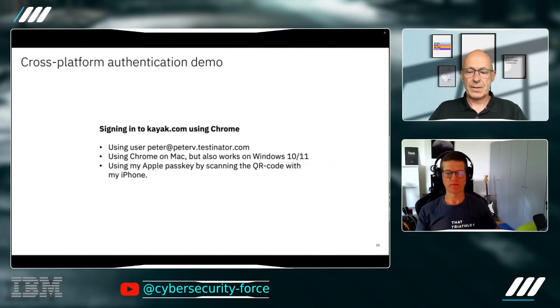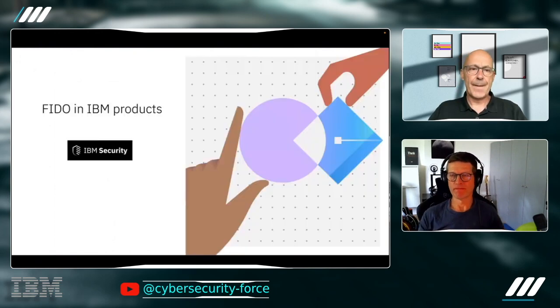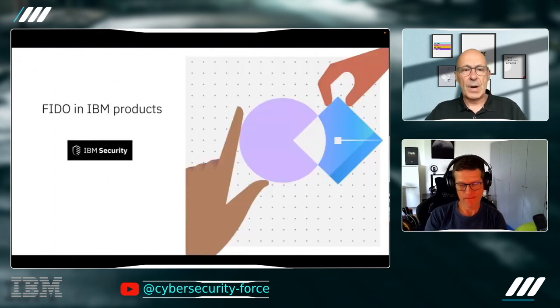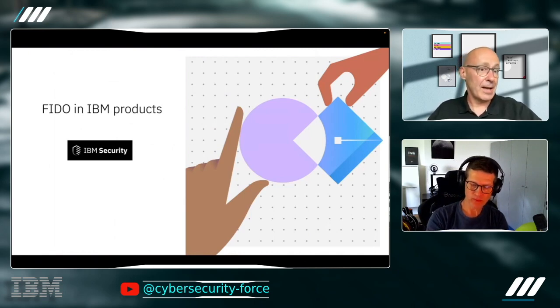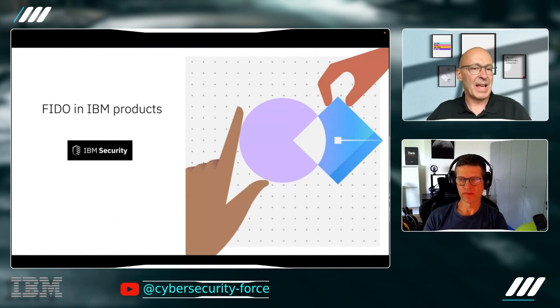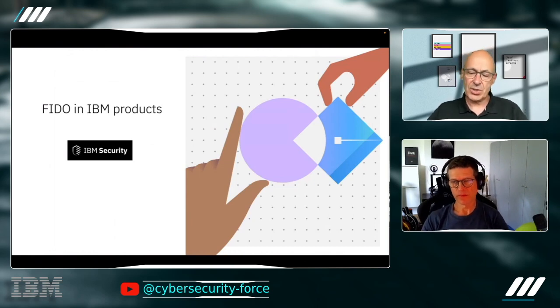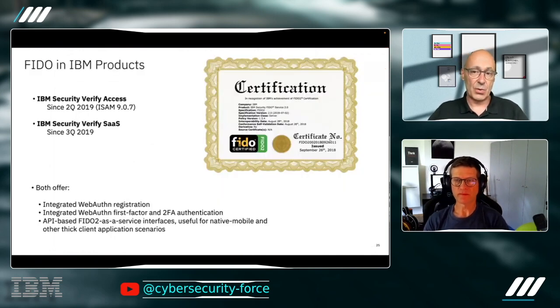Okay. Thank you. So this is all nice. How does IBM implement this in their products? We've been involved in this FIDO authentication for quite a while, namely since 2019.